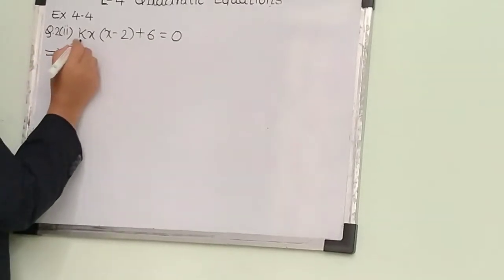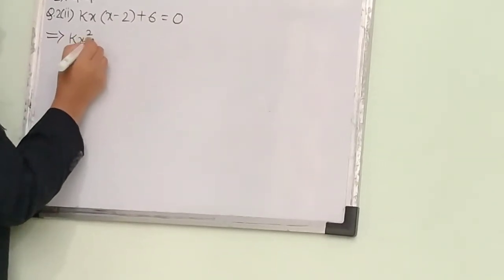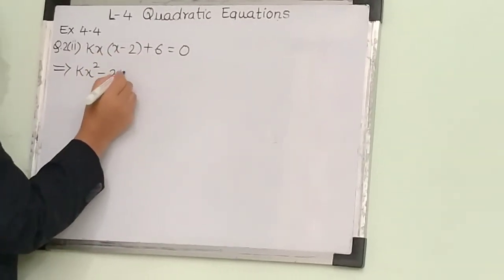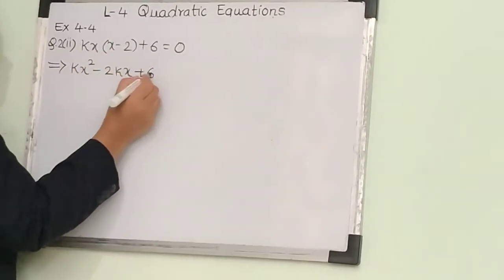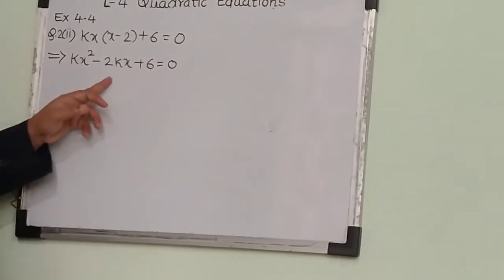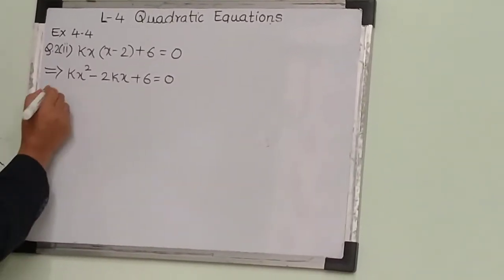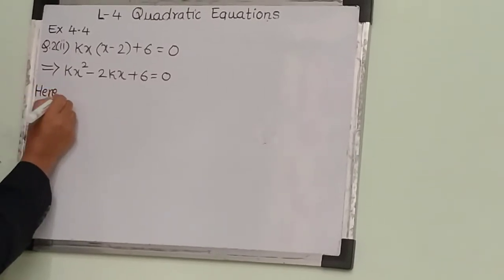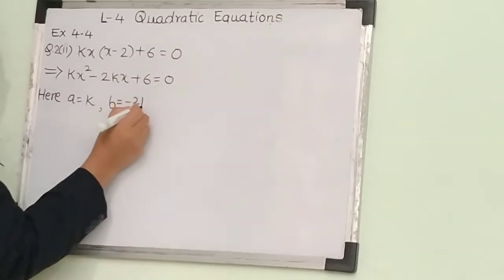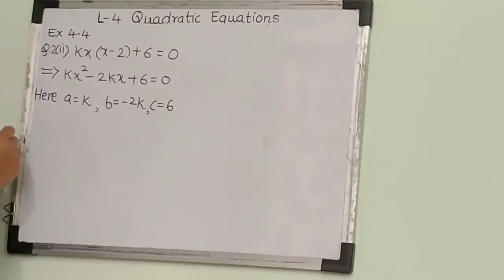I get kx into x, that is kx square, minus kx into 2, that is 2kx, plus 6 equals 0. Now this is in the form of a standard quadratic equation. So here we can write a equals k, b equals minus 2k and c equals 6.